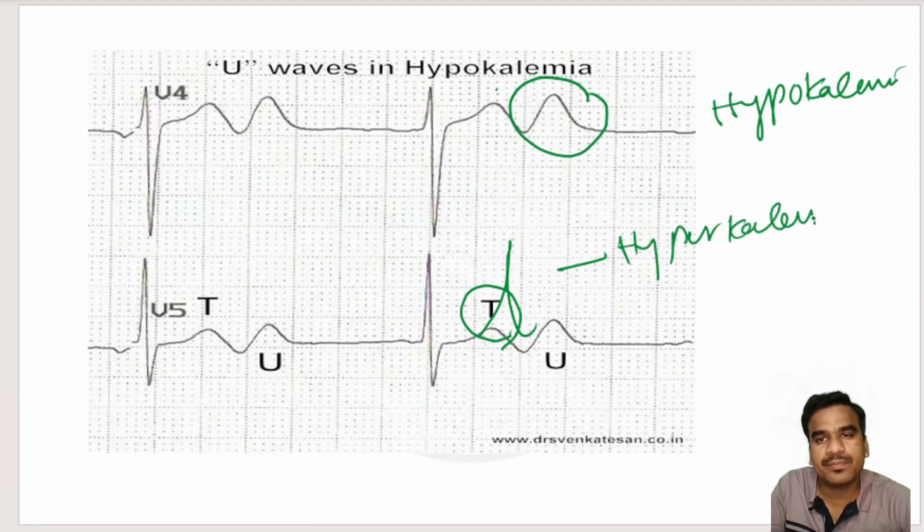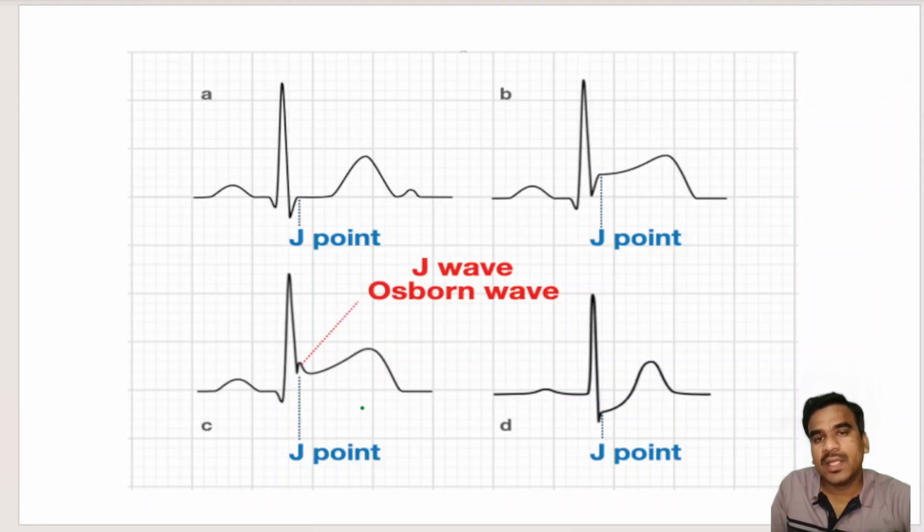Basic topics. Then we'll move on to the Osborne or J wave. This is the J point. Here we can see there is no curve, just the J point.